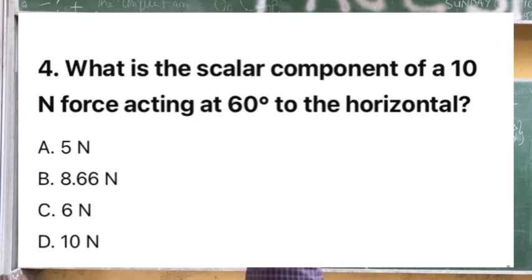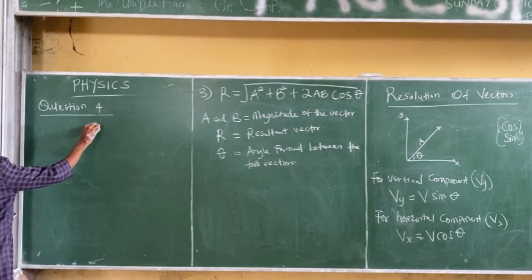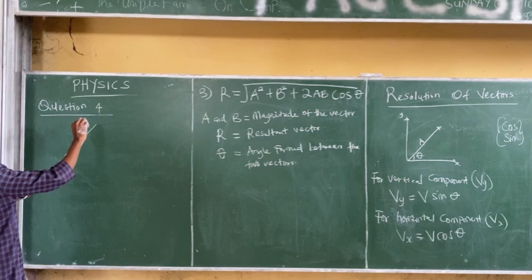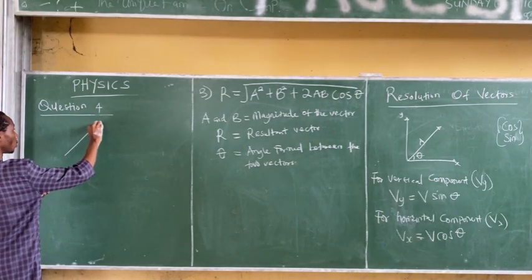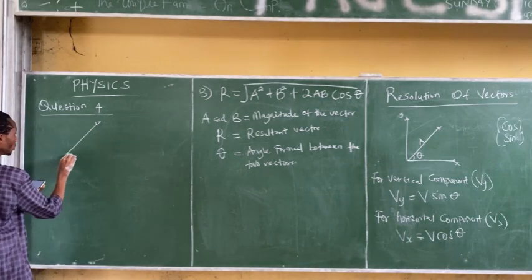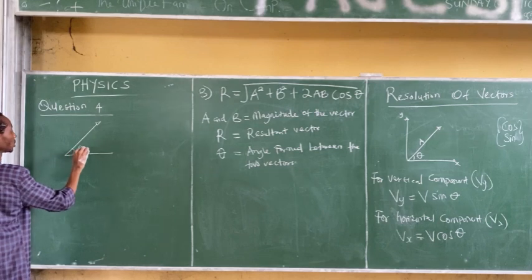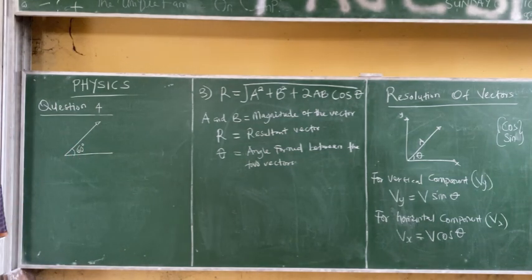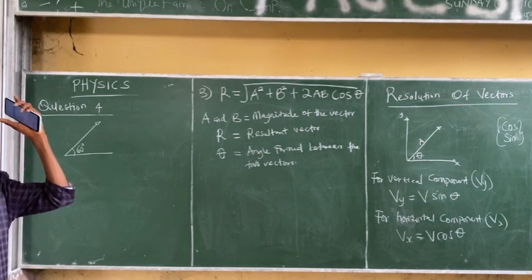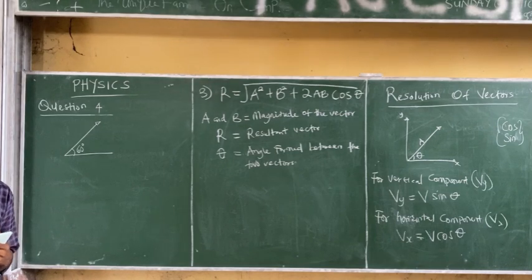Now this question is about a force acting at 60 degrees. Sorry, that question is meant to be what is the vector component, not scalar component. The question is meant to be what is the vector component and not the scalar component.